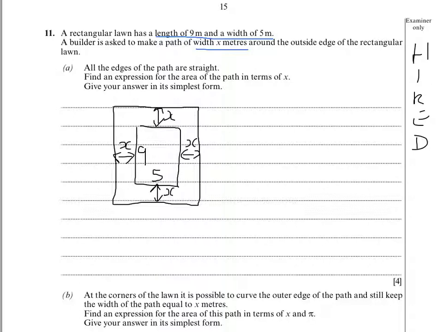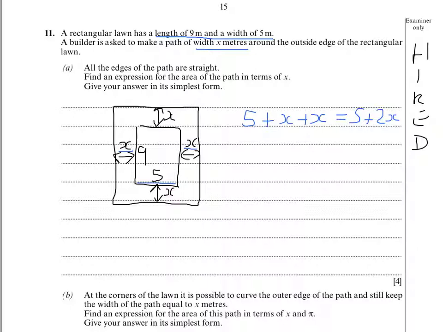So if we look at the width first of all, our width is going to be our 5 plus our x and our x, which is 5 plus how many x's? 2x.